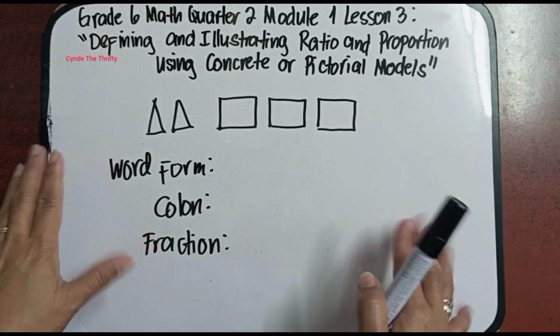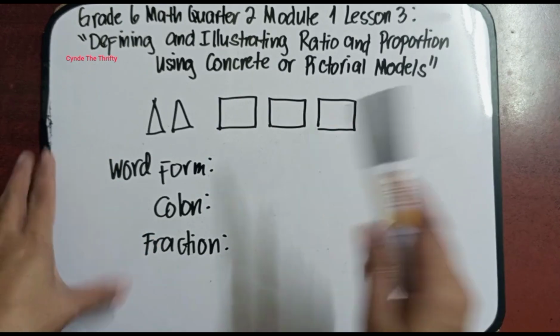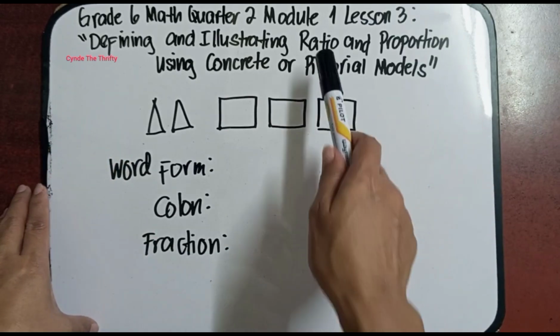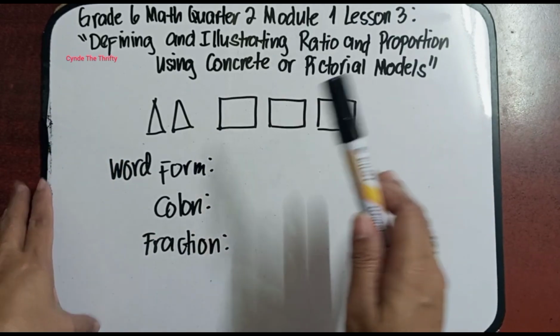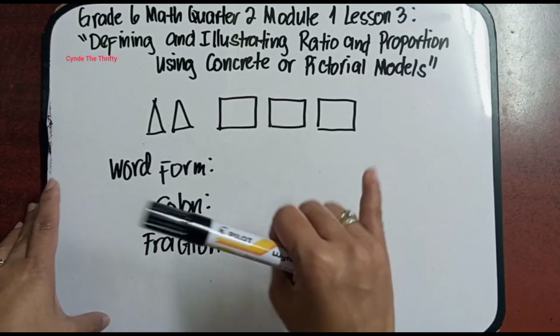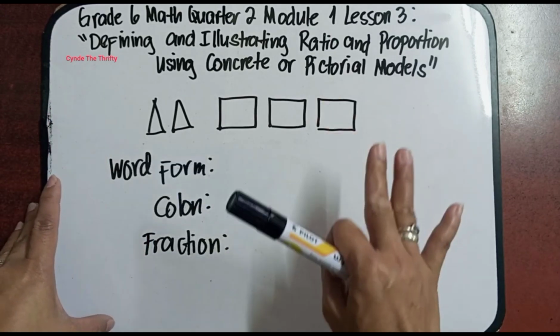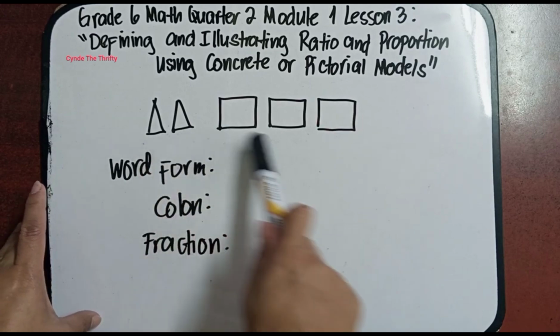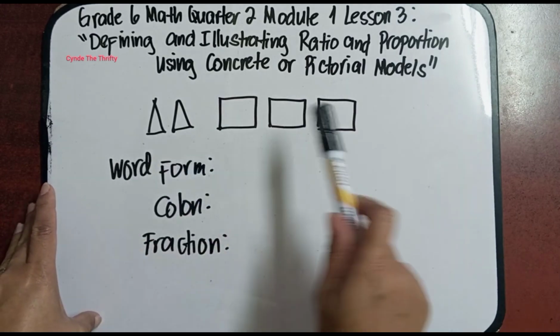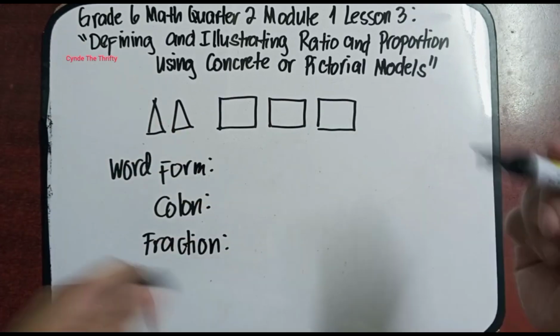Nung nakaraang lesson natin is na pag-aralan natin kung paano mag-compare ng quantities since si ratio is a comparison of two quantities. Kung saan pwede mo siyang isulat in a word form, column form and fraction. So for example, itong ating picture dito, meron tayong dalawang triangle at tatlong square. Ito yung pinag-aralan natin sa nakaraang lesson natin.